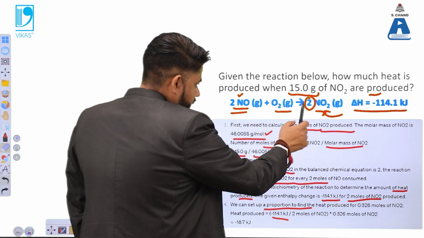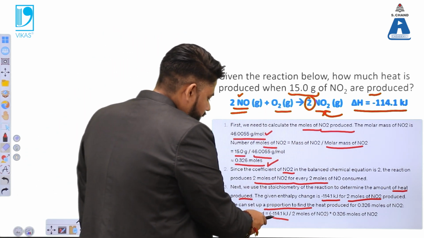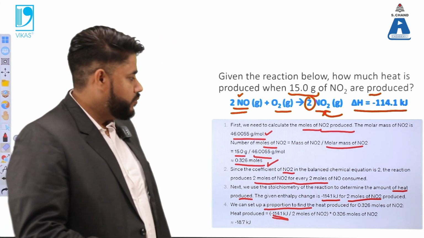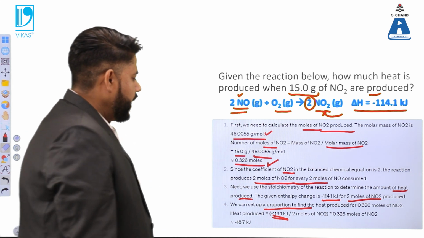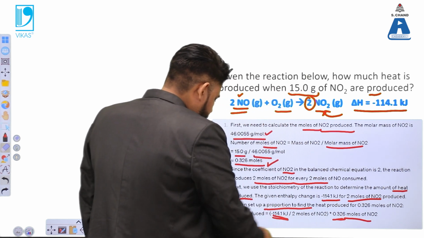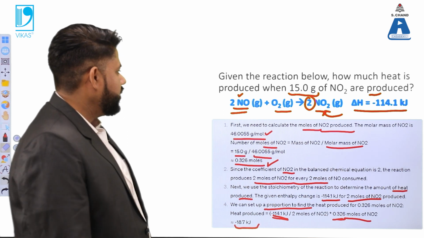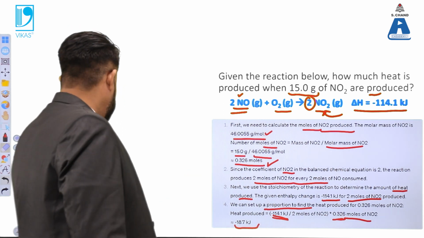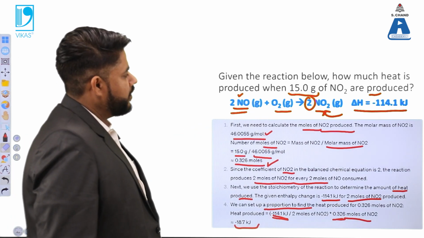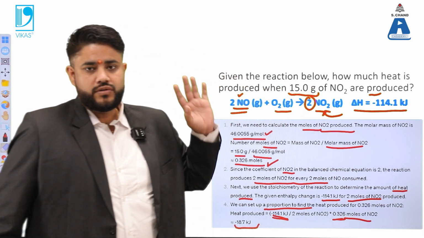So we will divide this minus 114.1 kilojoules by 2 moles because the coefficient is 2, and multiply it with 0.326, so that we can get the heat produced value for the nitrogen dioxide case. So this is the aspect of calculating the heat produced for this specific case as per the stoichiometric analysis.